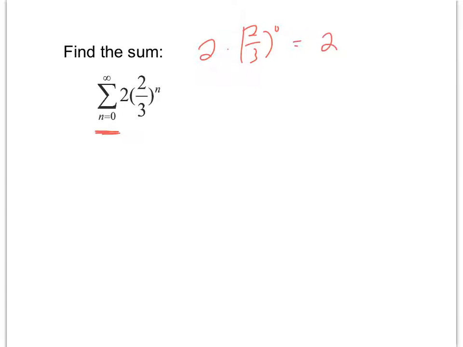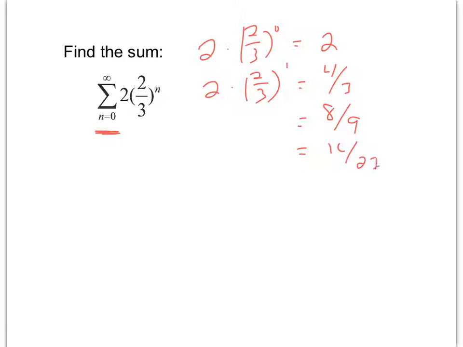That's our first term. Our second term is going to be 2 times 2/3 raised to the first power, which is going to be 4/3. We can see we're multiplying by 2/3 each time, so our next term is going to be 8/9. Our next term is going to be 8/9 times 2/3, which is 16/27.